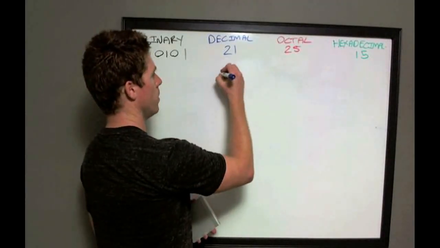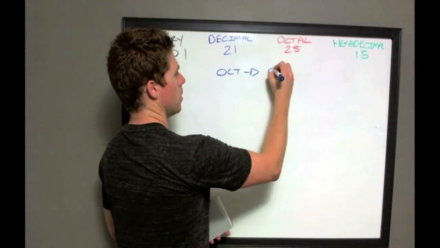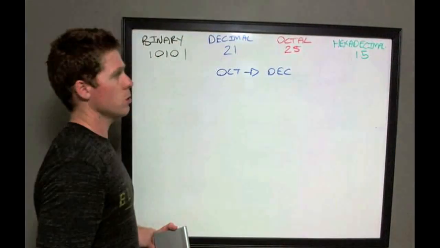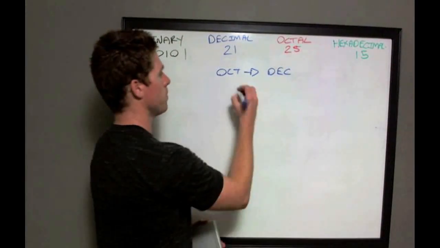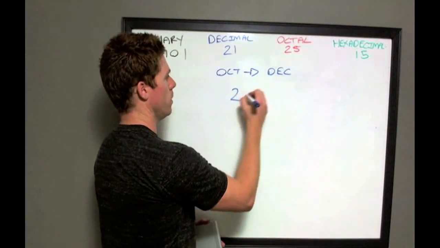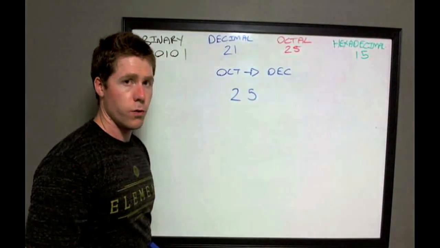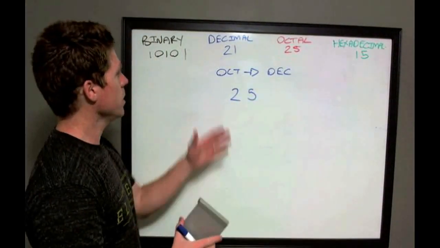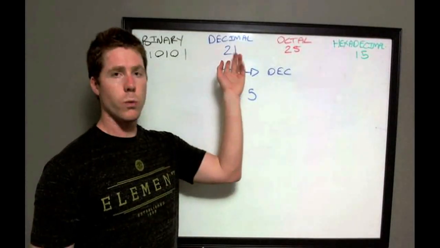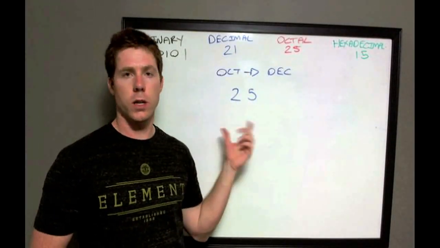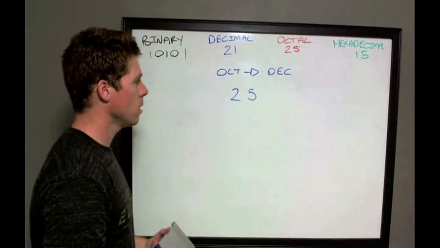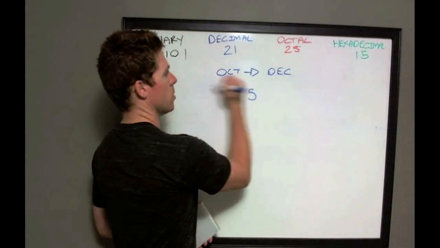So we start off with the octal number 25, or 25 I should say. Just as we did from binary to decimal, we needed to figure out the weighting of each of these columns or digits.